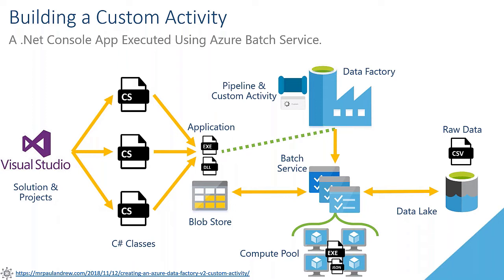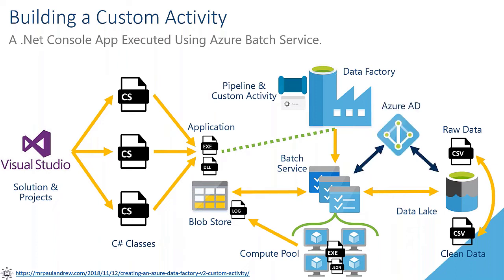It will talk to my data lake, download that raw data onto its compute node, do that transformation work, and then put it back to my data lake in the form of a cleaned data set in this case. And as I already said in the previous slide, the output will be a log file that goes back to my blob storage. Now, just to complete this picture, we also need to think a little bit about authentication as well.